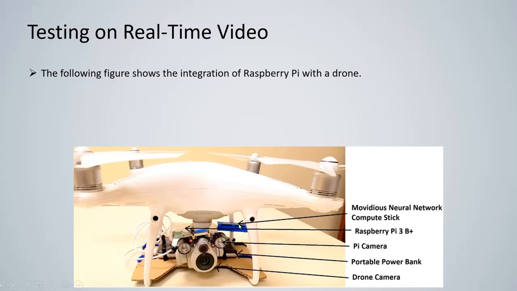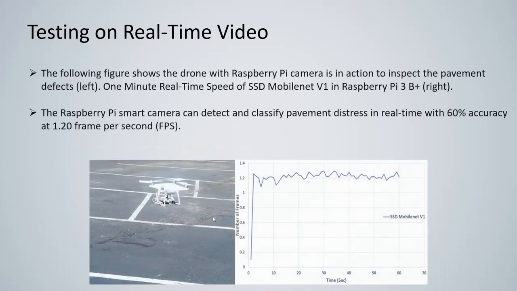This is the neural compute stick, and this is the Raspberry Pi camera. This is the drone camera. And we flew that drone, and we found that the Raspberry Pi shows 1.2 frames per second for a 1 minute real time flight, and it shows 60% accuracy.